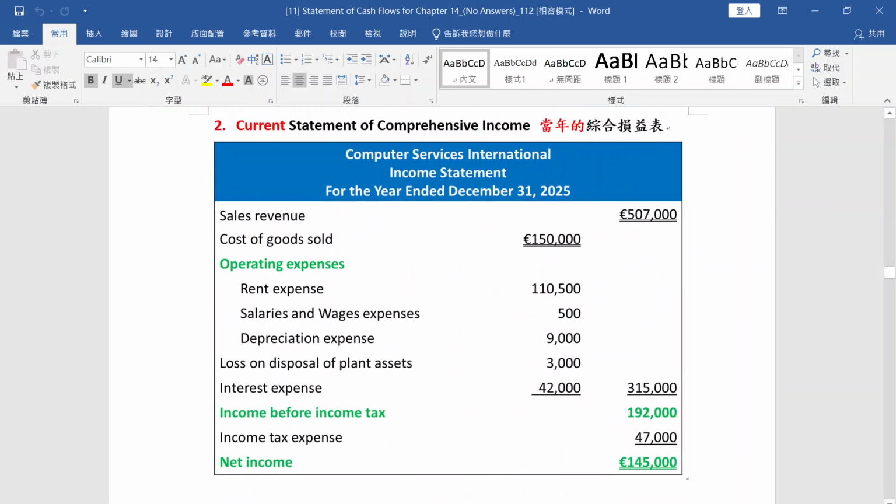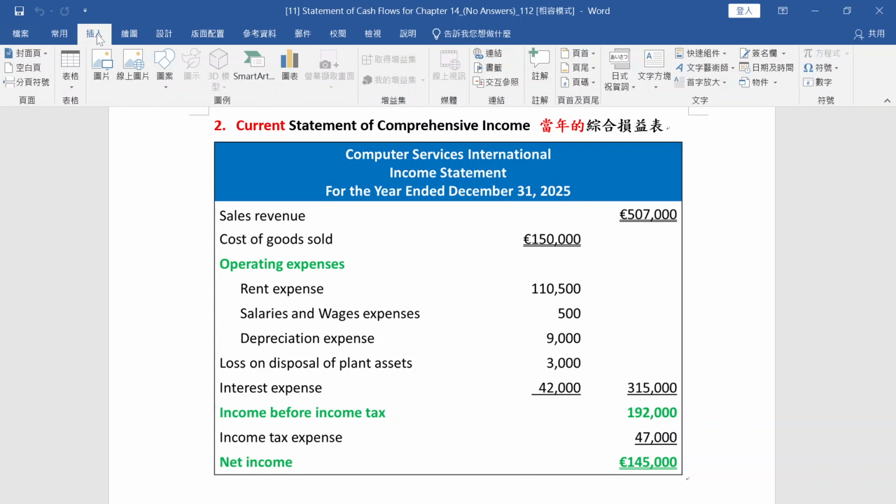So we are going to use that information we already have. We try to figure out each item's cash flow, right? So don't forget, what's step one? Step one, exclude non-cash, non-operating items.